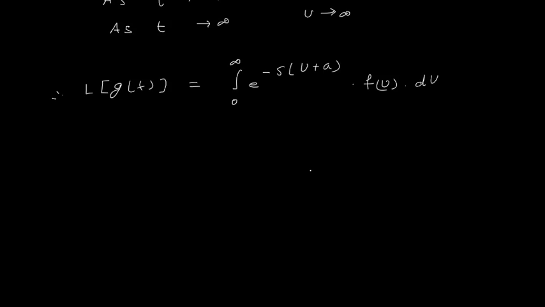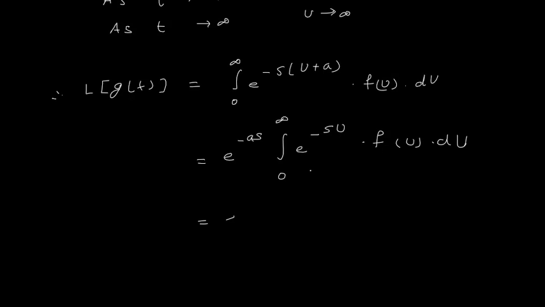So this is equal to e power minus as. Now this minus as is a constant, so I will take it out. Here it is the integral from 0 to infinity of e power minus su into f of u into du.